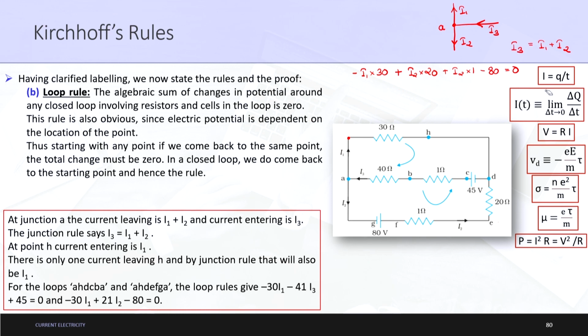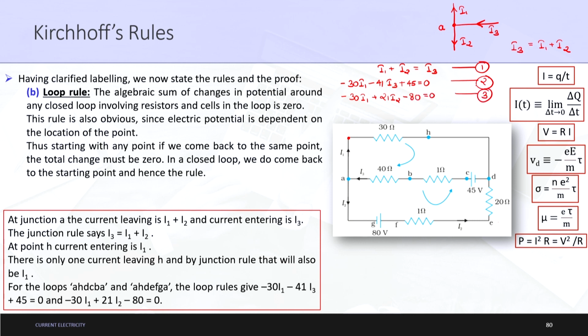Hence, what were the three equations which we got? Just let me write them again here. The first equation which we got was I1 plus I2 is equal to I3. The second equation which we got was minus 30 I1 minus 41 I3 plus 45 is equal to 0, and the third equation is minus 30 I1 plus 21 I2 minus 80 is equal to 0.